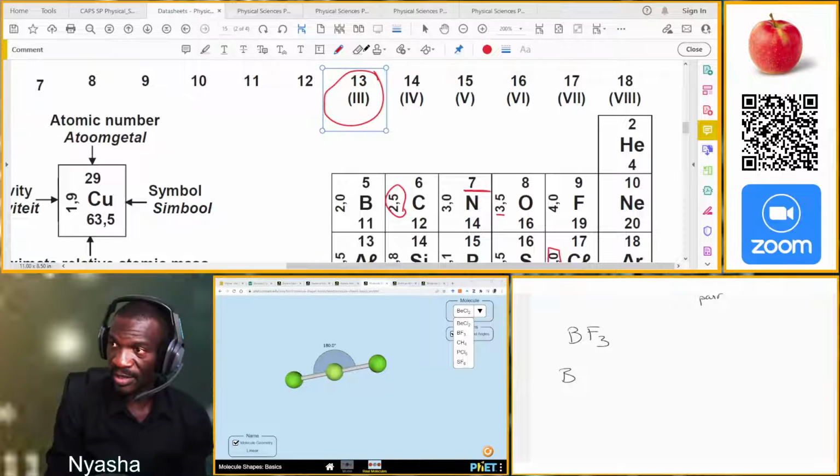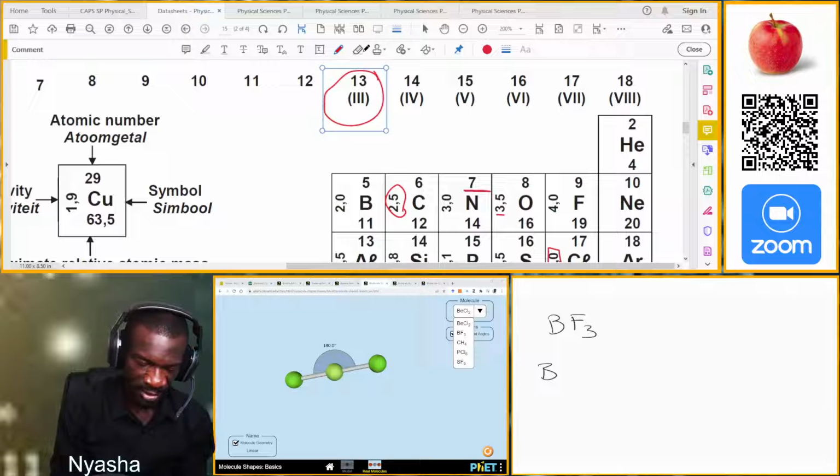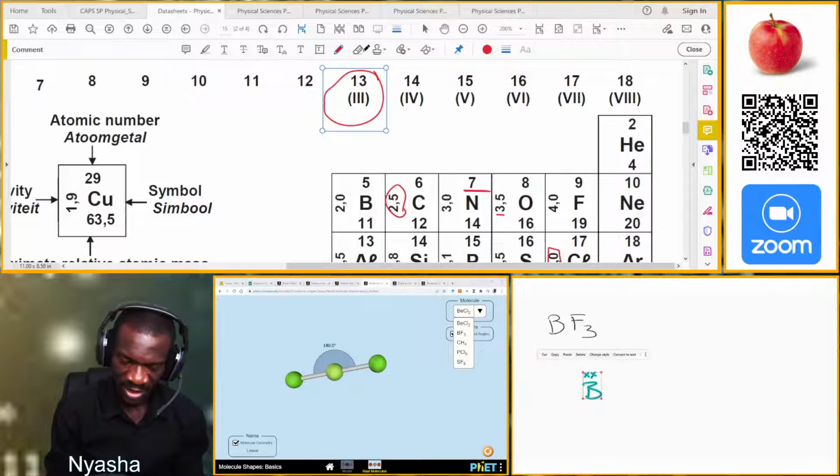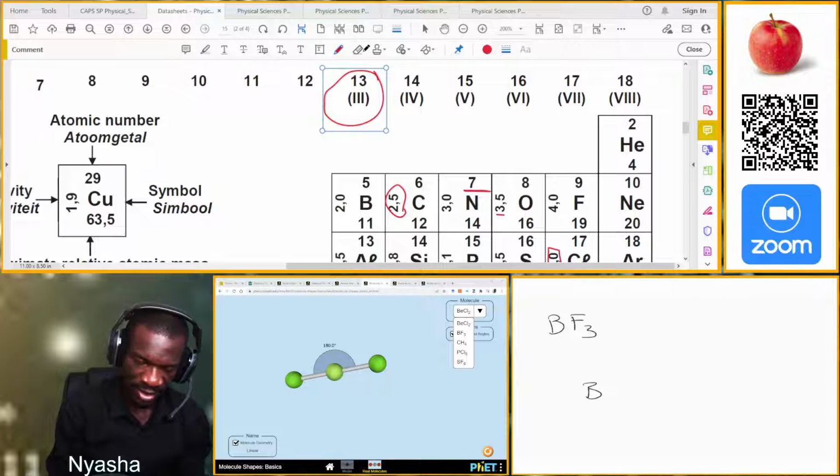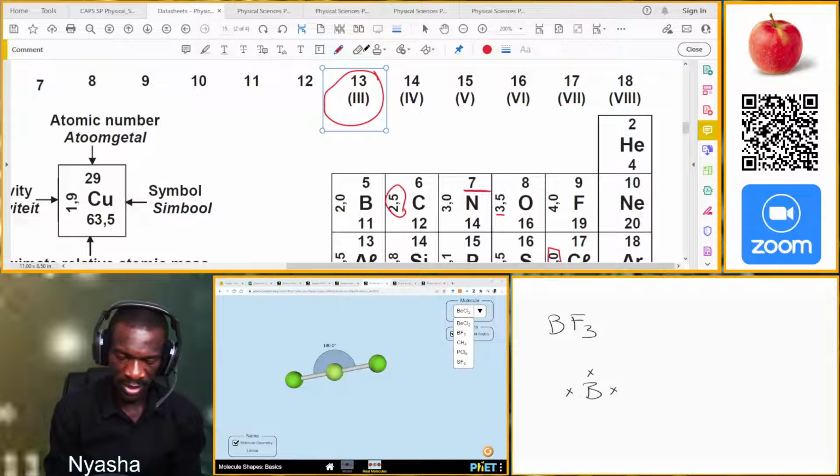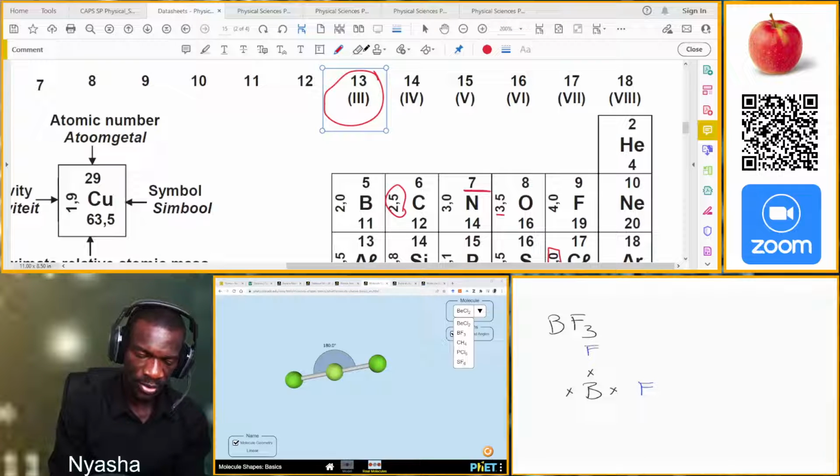So let's now have our group 3. 1, 2, 3, and this is our central atom, so we may as well distribute these electrons because they'll bond with one fluoride each. So 1 electron for the boron. Then the fluorides, we say there are 3 of them: 1, 2, 3.